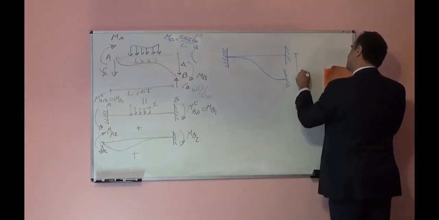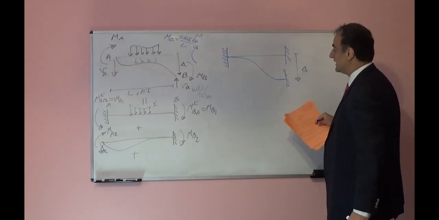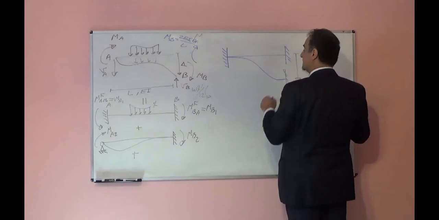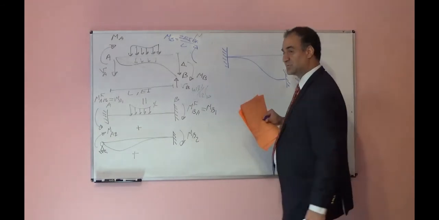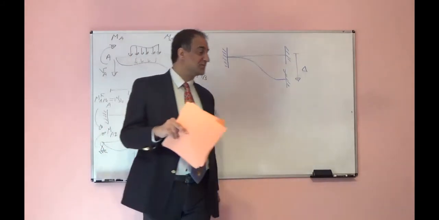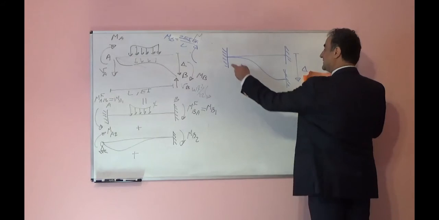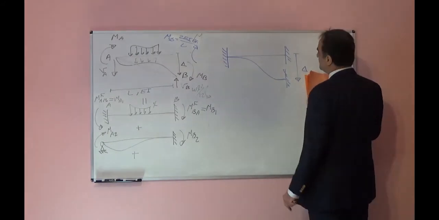Here we will have deformation delta. The end moments, which I call in superposition MA4, MB4, if you remember, are easy to find. If you look at the deformed shape, it should be symmetrical.